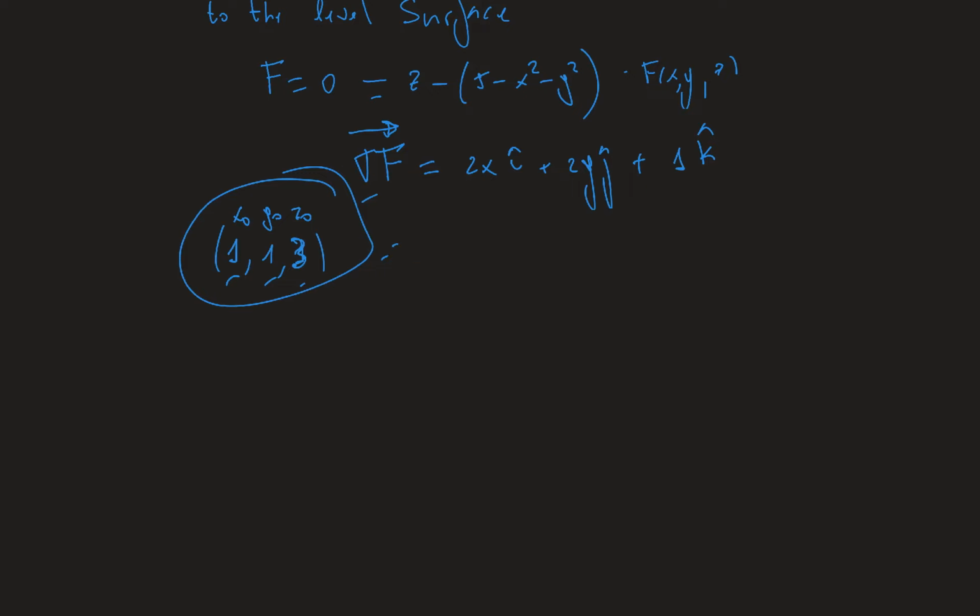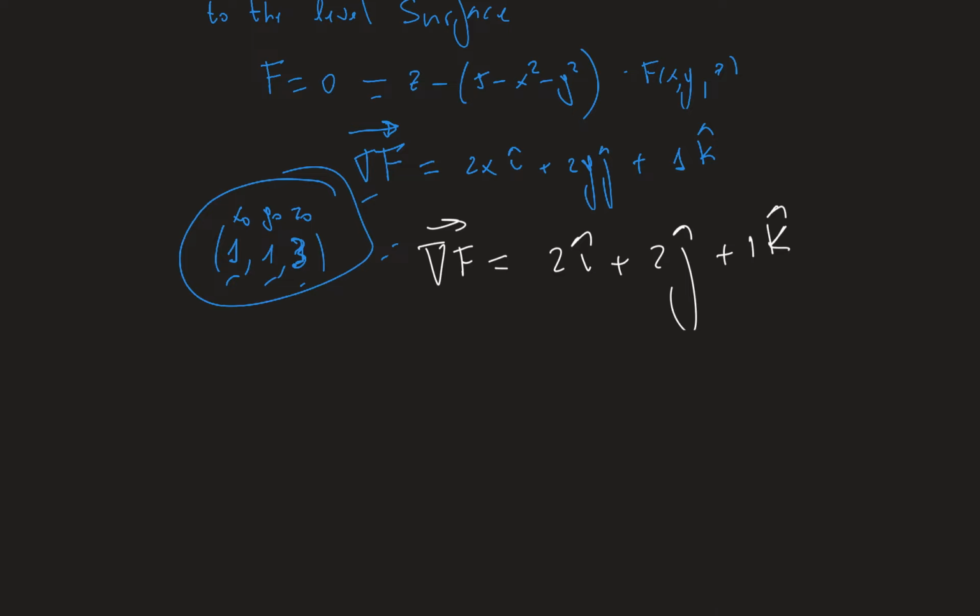The gradient vector at this point is 2i plus 2j plus 1k, because there is no z in the function. Okay, so this is the gradient.